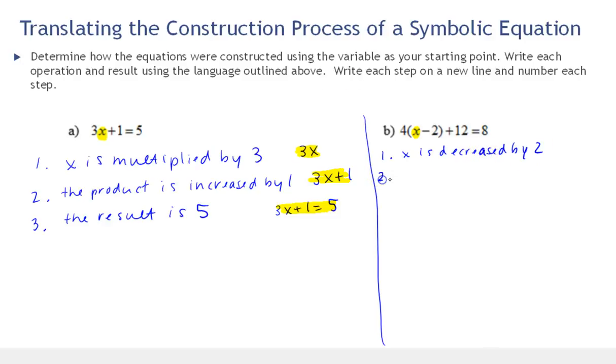Since we did subtraction, we call the result of that the difference. The next thing we would do is multiply by 4. So the difference is multiplied by 4.